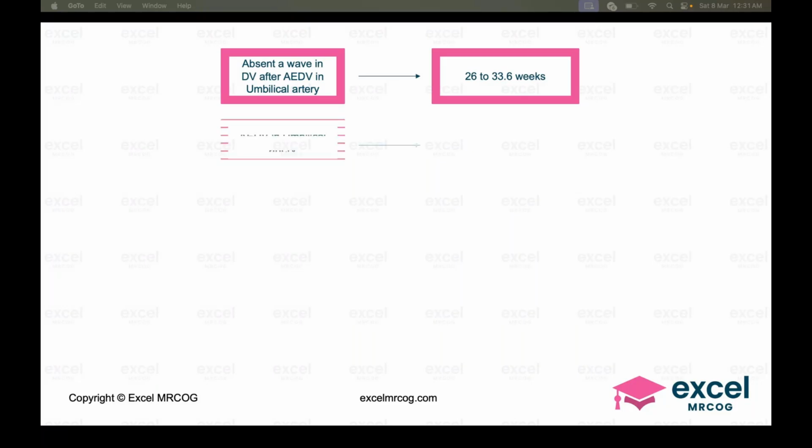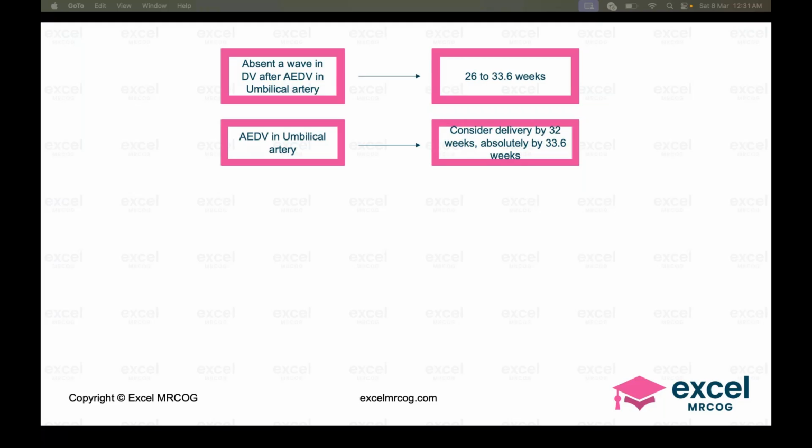If you find only absence of umbilical artery flow or reversal, you consider delivery by 32 weeks, absolutely by 33.6 weeks. You cannot go beyond, it's criminal to go beyond 34 weeks.